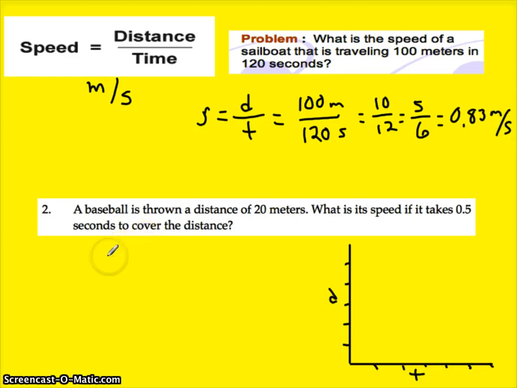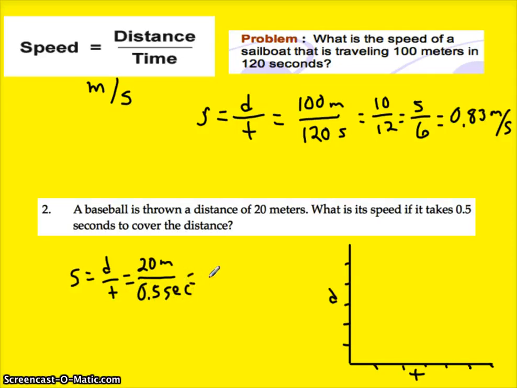A baseball is thrown a distance of 20 meters. What is the speed if it takes 0.5 seconds to cover that distance? Speed equals distance over time. And distance is going to be 20 meters. Make sure that you do put the unit there. And it's over 0.5 seconds.